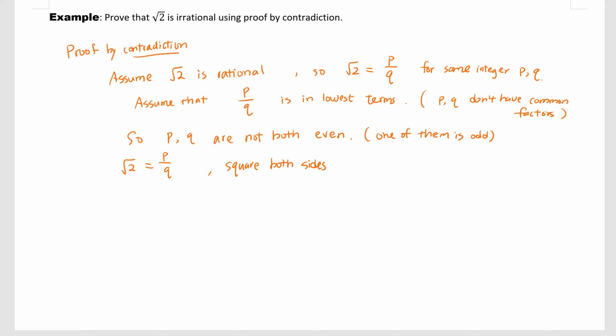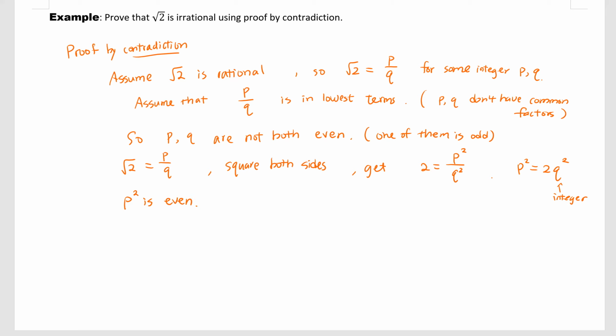What do we get? Then we get 2 equals p squared over q squared. When we multiply both sides by q squared, we get p squared is 2 times q squared. Since q squared is an integer, we know p squared is even.